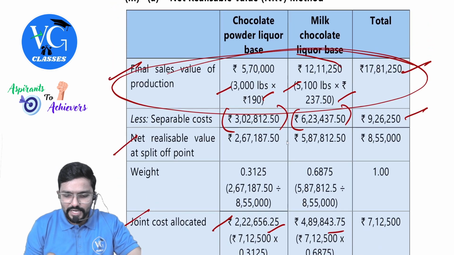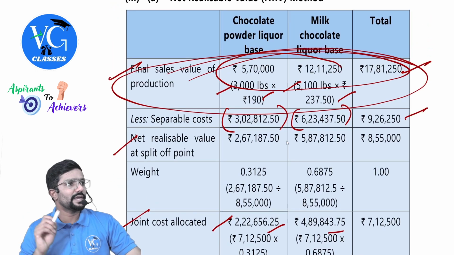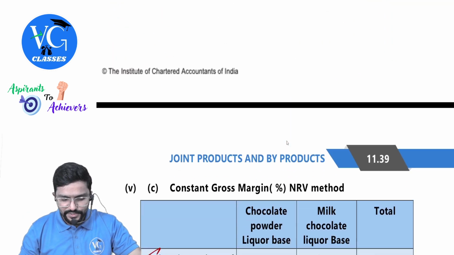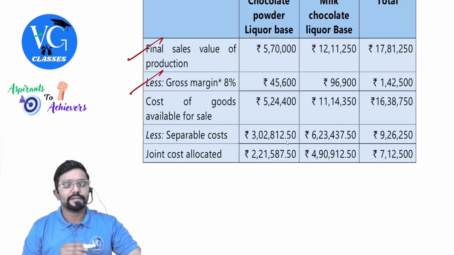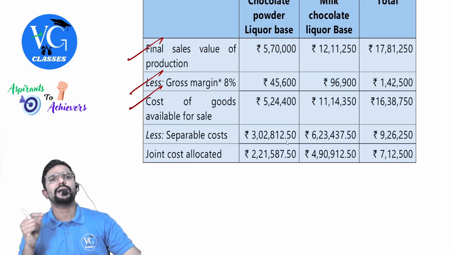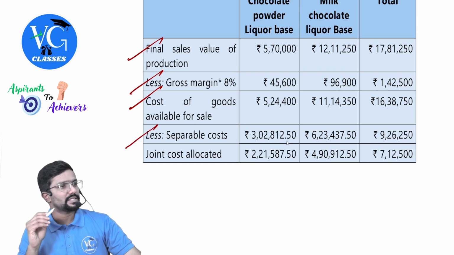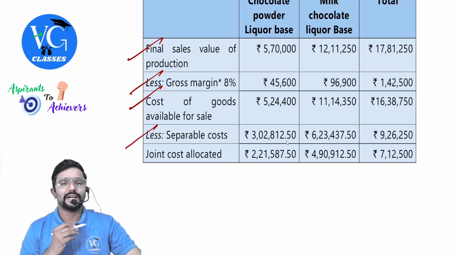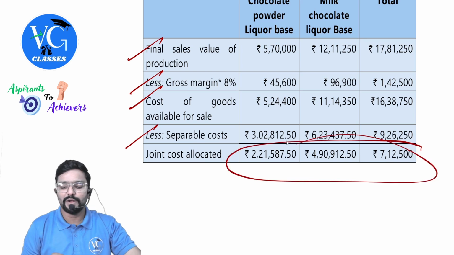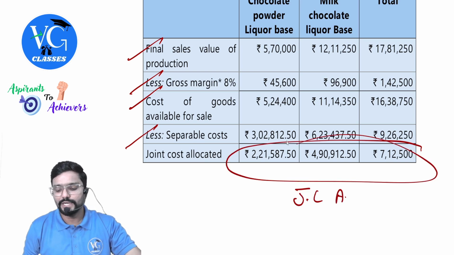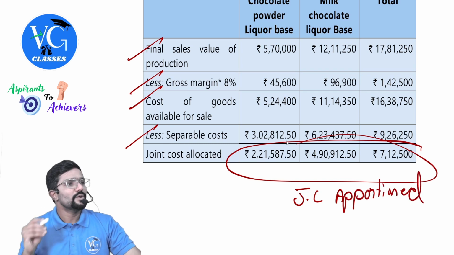Next, gross margin 8%. If you deduct gross profit from sale, what do you get? Cost of goods sold. Then reduce separable cost, that is post-separation expenses. At the end, whatever you get is the joint cost apportioned, guys.